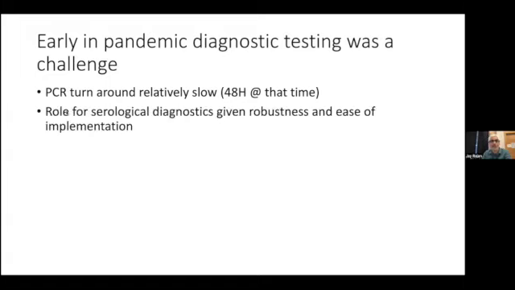At that time, there really were not a lot of serological tests available, and so we felt there's always a role for serological diagnostics. They're generally easy to do, especially if implemented as a lateral flow assay, and at the very least, they tell you about exposure versus non-exposure, which in the early stages of the pandemic was a pretty important question.